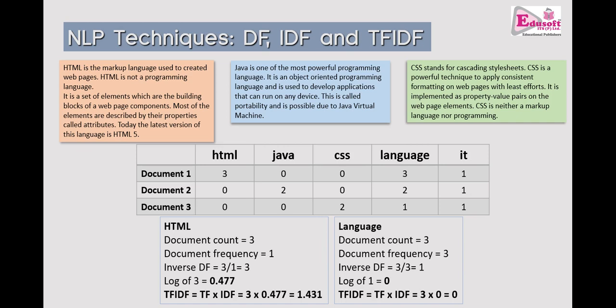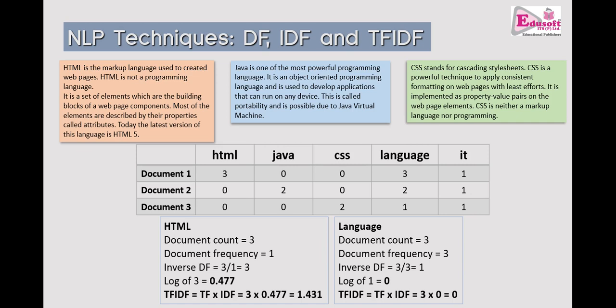So always remember that this term frequency, TF, is document-wise. Whenever I ask a question, I will ask like this: what is the term frequency of Java in document 2? The answer is 0. What is the term frequency of Java in document 1? Like this, I will calculate.